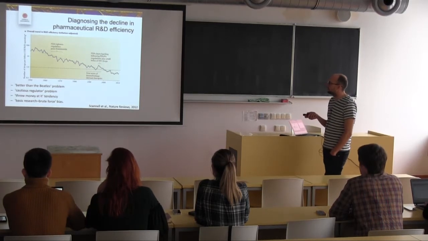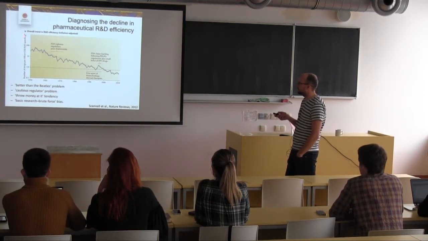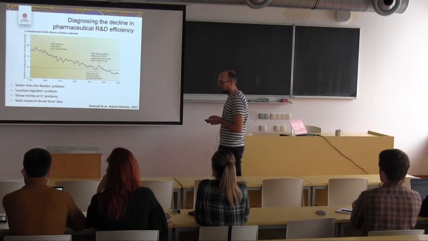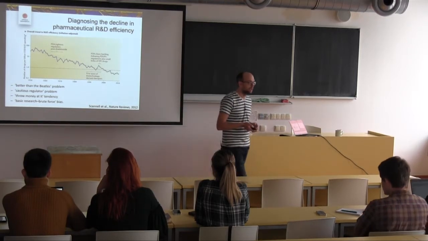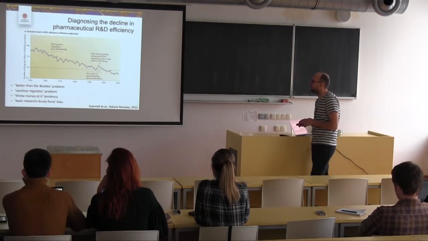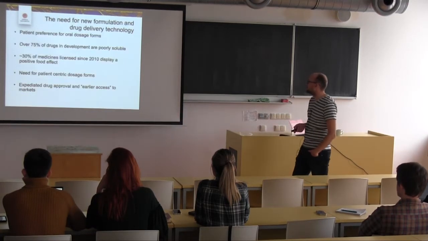But again, just to illustrate the point, this shows that for each decade from the 1950s up until the turn of the century, the number of drugs that have come out per $1 billion spent continues to decrease, even though we make a lot of new improvements in terms of manufacturing technology, drug discovery, and so on. But there is this reduction towards fewer and fewer drugs actually reaching the market.